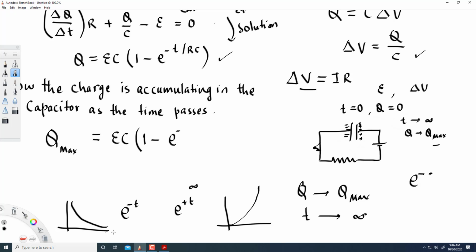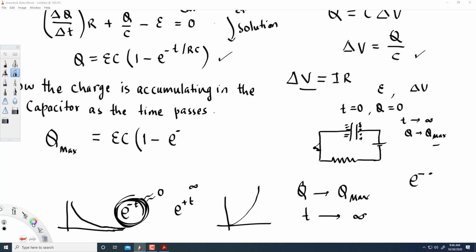So what will happen at infinitely long time? It will get closer and closer to 0, right? It would be almost 0. So because we have negative sign here and our time is infinite here, this expression would be almost equal to 0. It would be very, very close to 0 value.